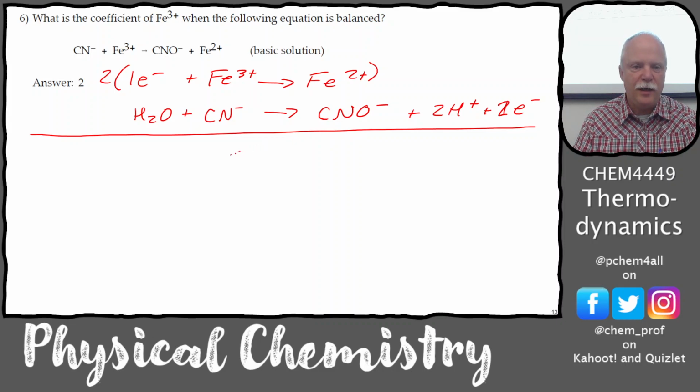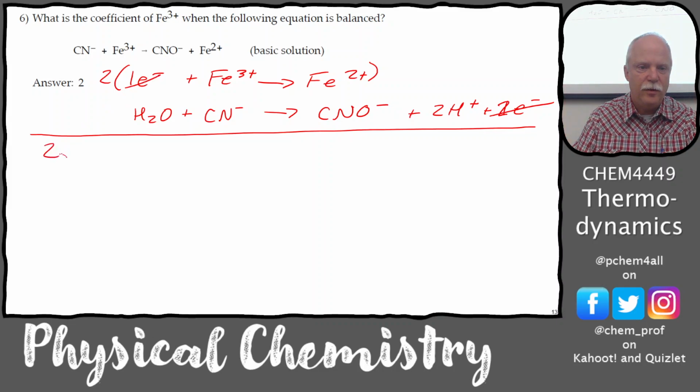So let's go ahead and bring everything down. The electrons have canceled. We have 2 electrons on each, so we don't bring those down, but we have 2 Fe3+, H2O, plus CN-.